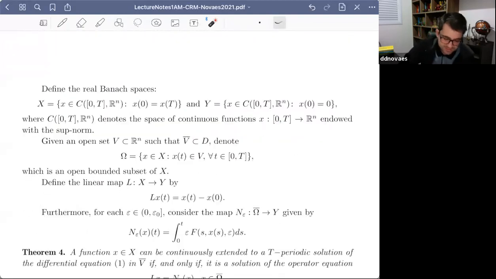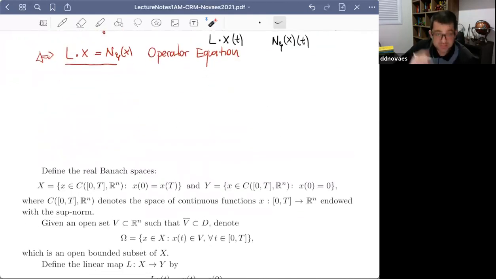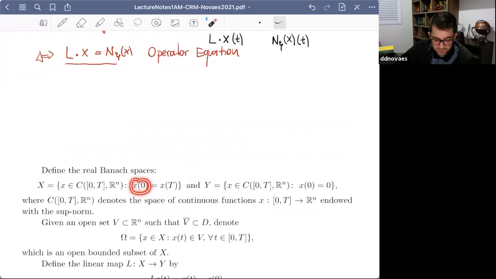Let us define X as the set of continuous functions such that x of 0 is equal to x of T. I'm not assuming that those functions are periodic because they're only defined in the interval. But we have the property that if a solution coincides for 0 and for T, then it can be continuously extended to a periodic solution.